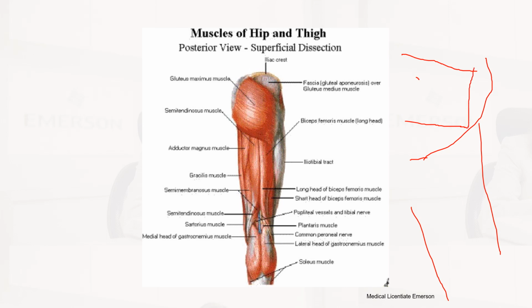Remember, since the sciatic nerve is going to pass this side, you have to do a division, where we divide into four quadrants: the upper inner, lower inner, lower outer, and upper outer.